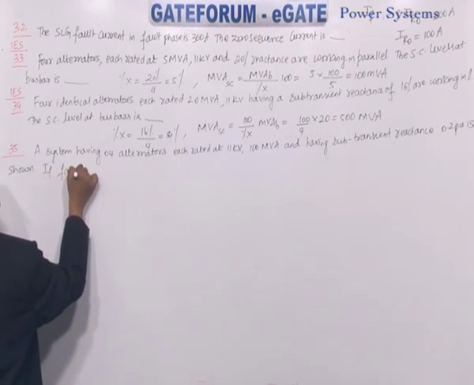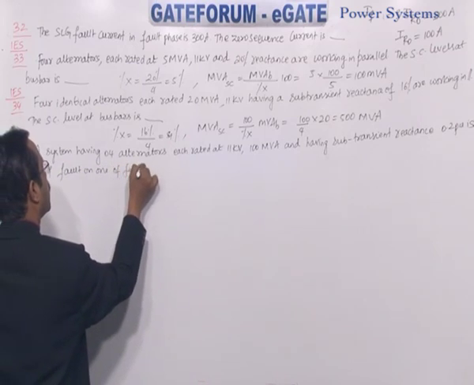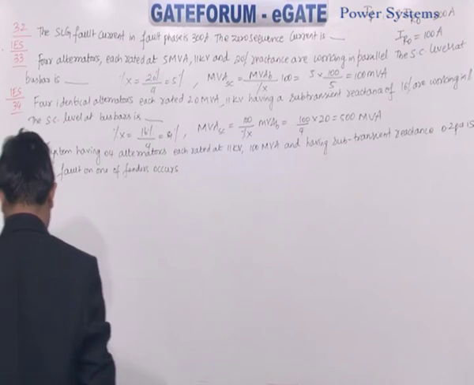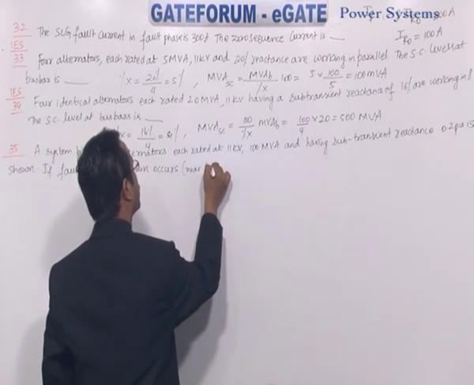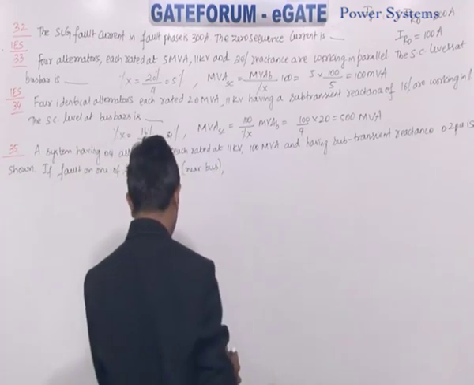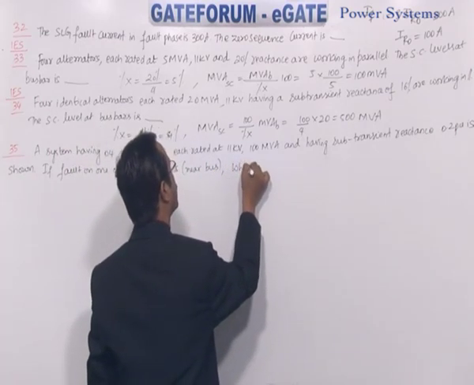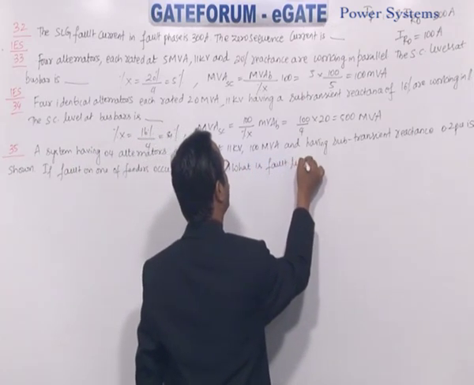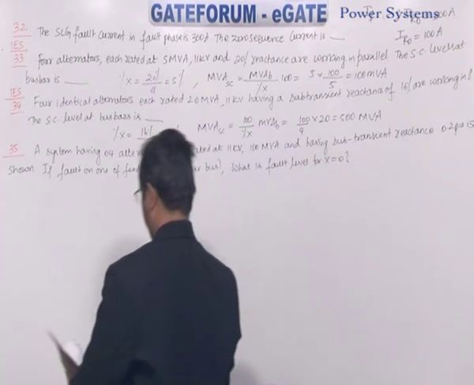If a fault on one of the feeders occurs near the bus, so what is the fault level for X equal to 0?